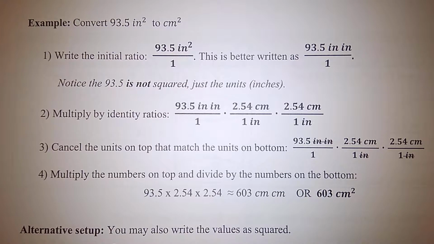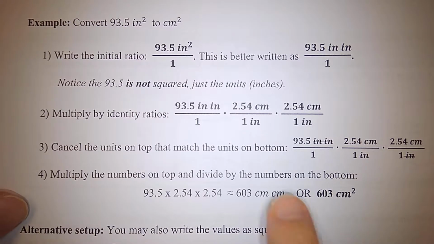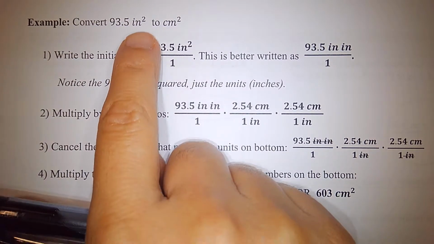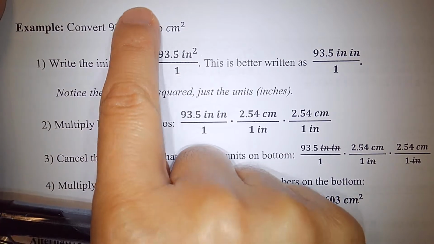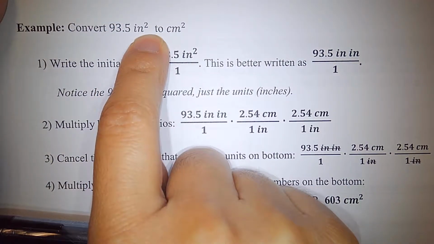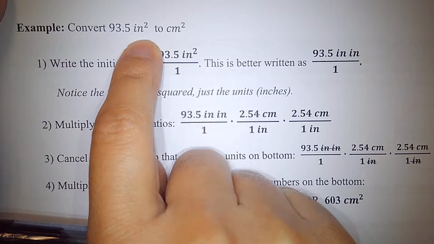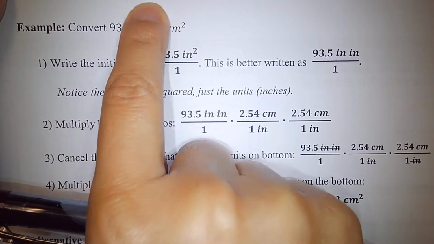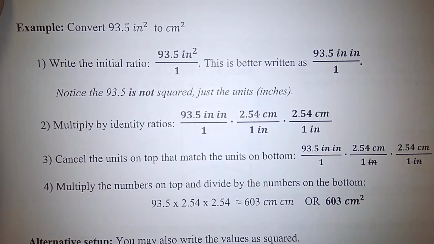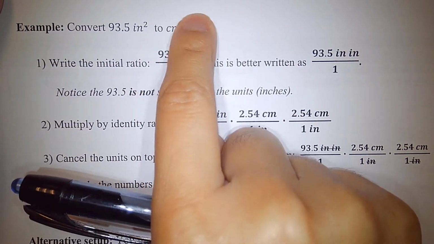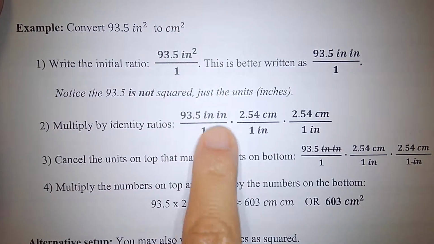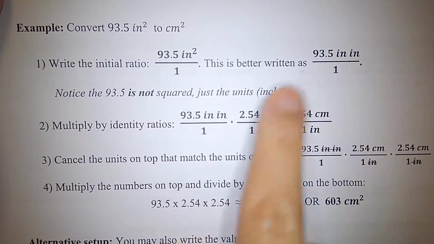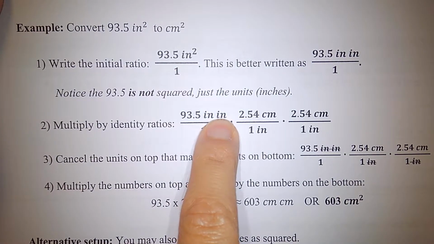Thanks, good. So this example is telling us that if we're converting a unit which has a square, to convert from inch square, or square inch, to square centimeters, we can write the square inch as inch times inch.